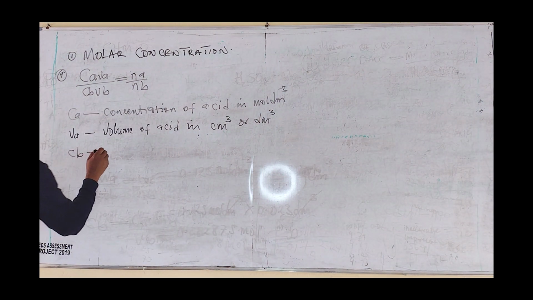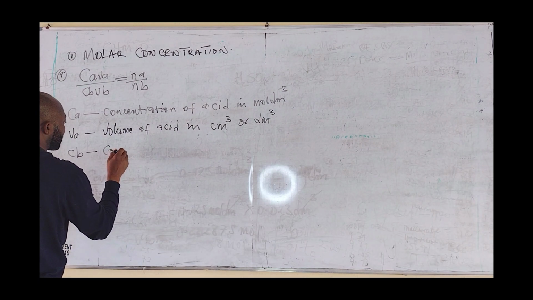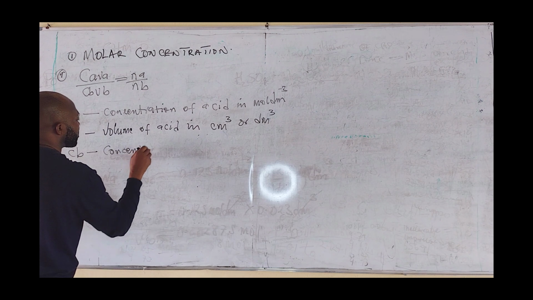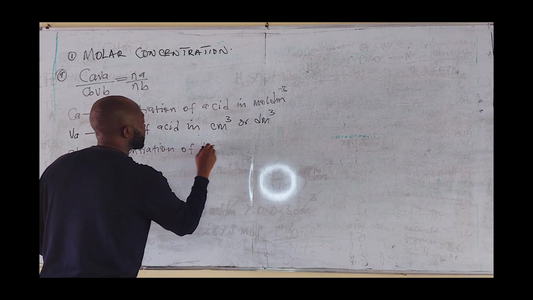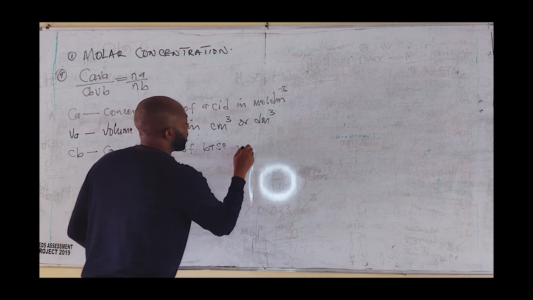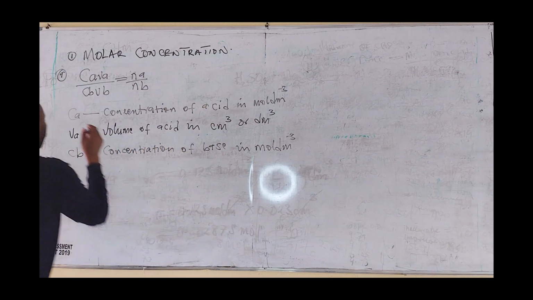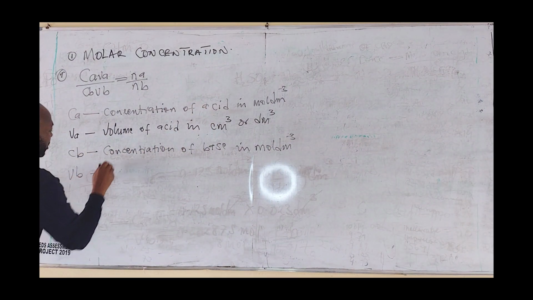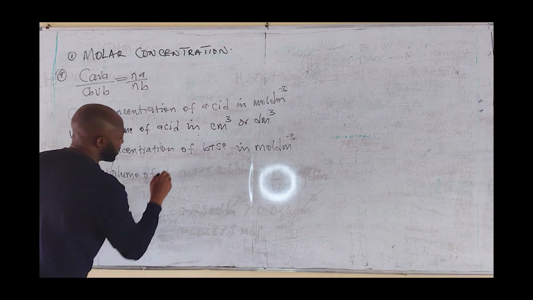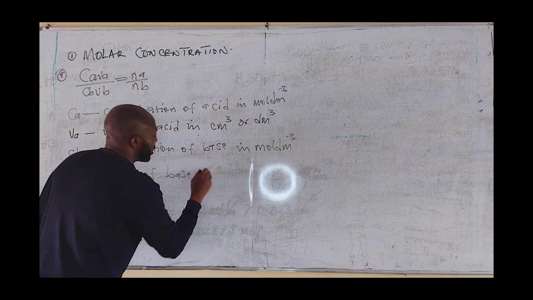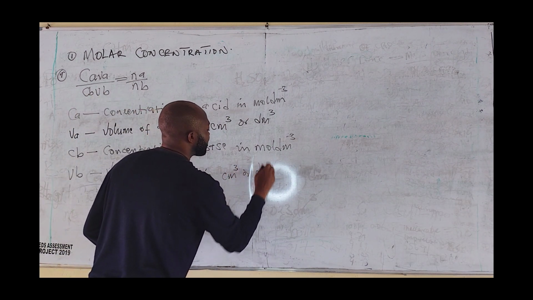CB is concentration of base in mole per dm³. VB is volume of base in cm³ or dm³.